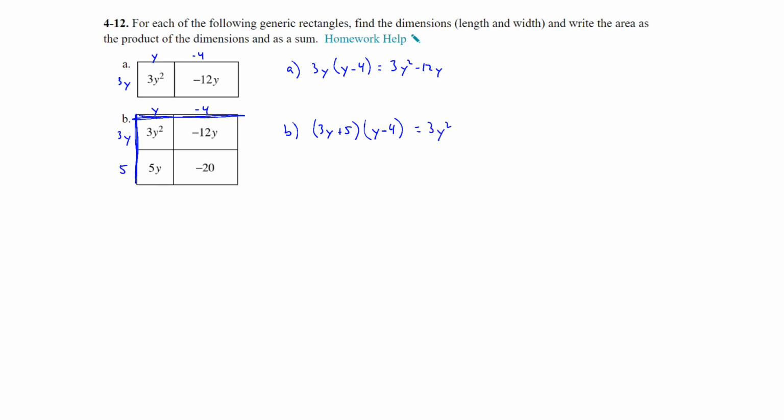So you have a 3y squared. 5y and -12y can be combined to give you -7y, and then -20. So this is your product, which is the length and the width, and then this is the sum of the parts.